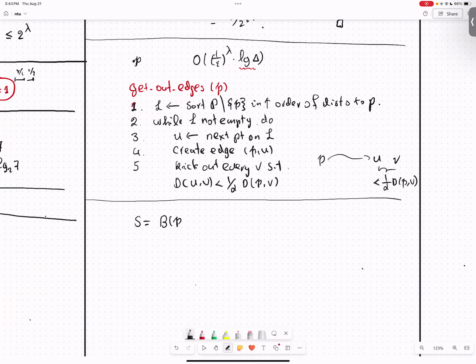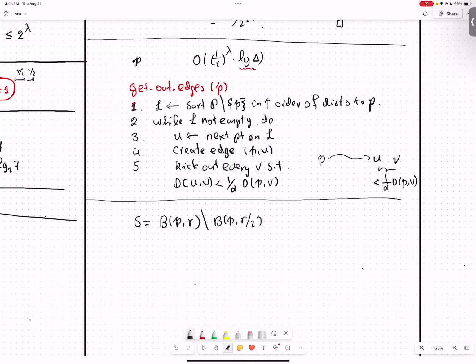Think about this ball of radius r around P. Now I want to take a set difference, so from this set, I want to kick out something. What do I kick out? I kick out another ball, but this ball has radius r/2. And that's a donut. Do you see why it's a donut?